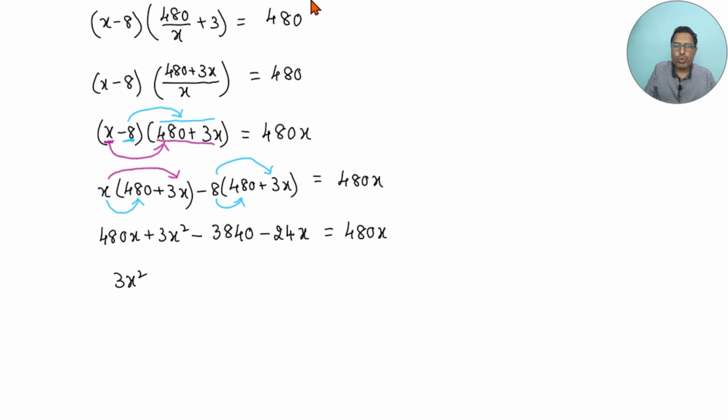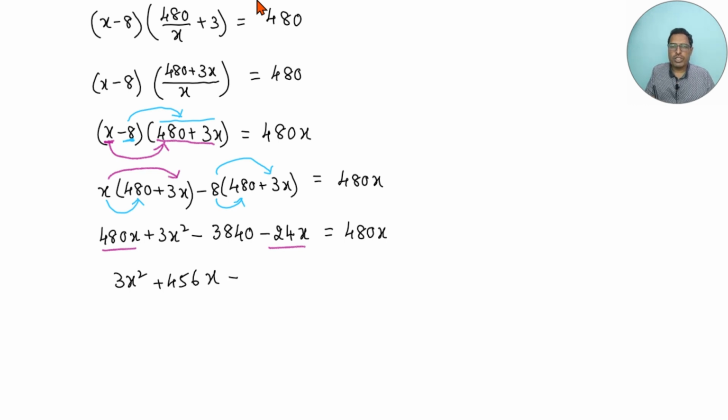Let us group the like terms over here: 480x and minus 24x. Just try to subtract it. 480 minus 24, how much do you get? Are you getting 456? So we get 456x.